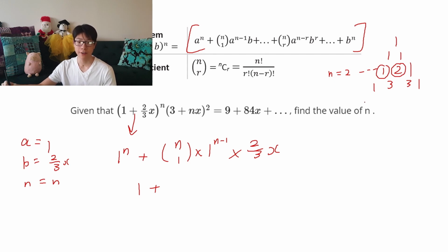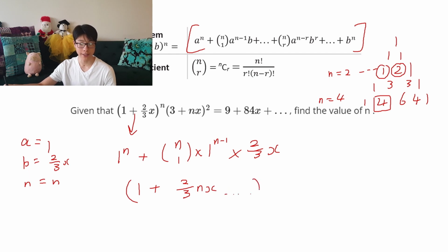So in this case, if we want to find, let's say, 4C1, we have the fourth layer. What is the first number in the fourth layer? Well, it's going to be 4. So in this case, nC1 will just be equal to n. And again, 1 to any number is 1. So we are left with 2 on 3 nx. And this is our first binomial expanded.